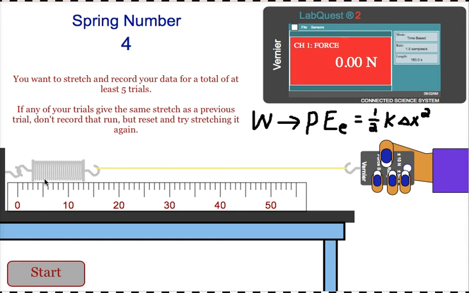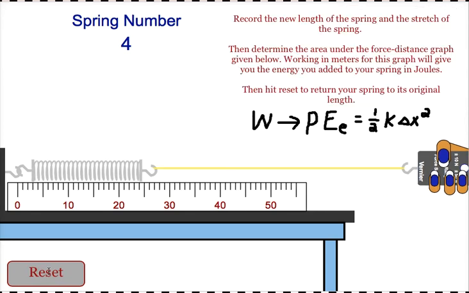So in this example, we take our force probe, we pull on the spring, and we stretch it a certain amount. That stretch will allow us to figure out how much energy is stored in the spring. So again, the maximum force we had to apply was right now when it's at its greatest distance.